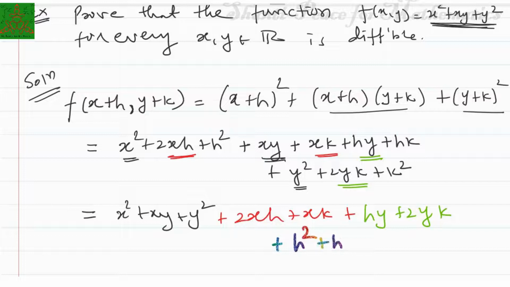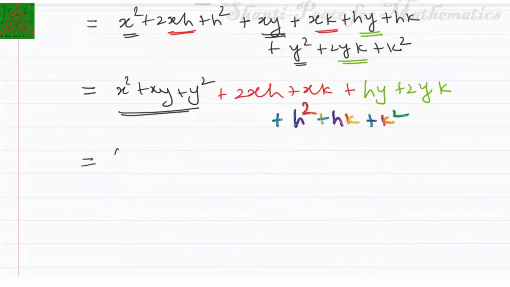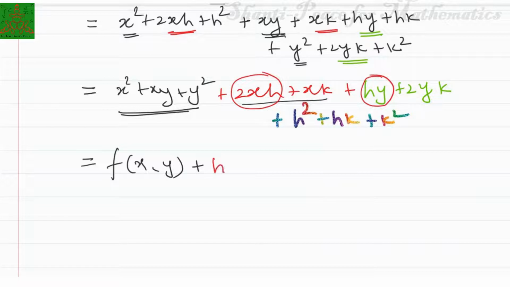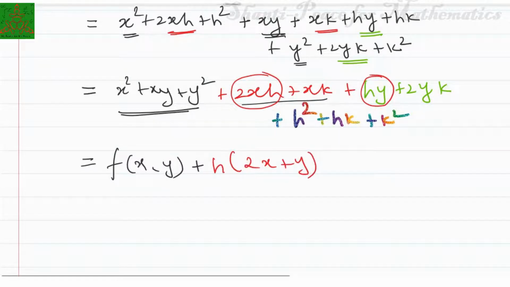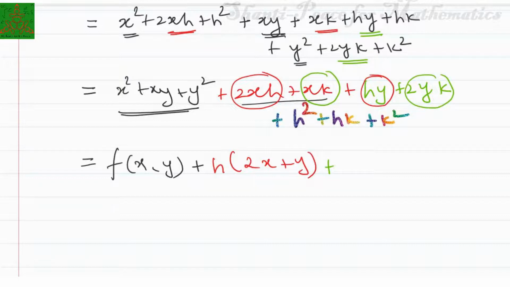Now you observe the first quantity, it is nothing but f of (x, y), because our function is given in this form. Taking h common from these two quantities, we have h into (2x plus y). Third one, if I take k common from these two quantities, then we can write k into (2y plus x).